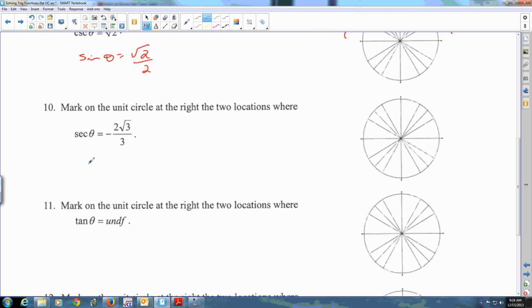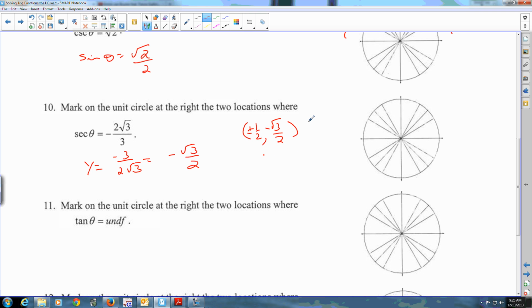All right, secant is your y value. Y is equal to negative 3 over 2 square roots of 3, and when you rationalize it again, you're going to get negative square root of 3 over 2. Where's your y value of that? It's either a positive half or a negative half that's going to be in the front.